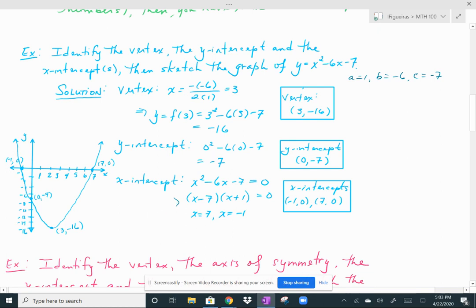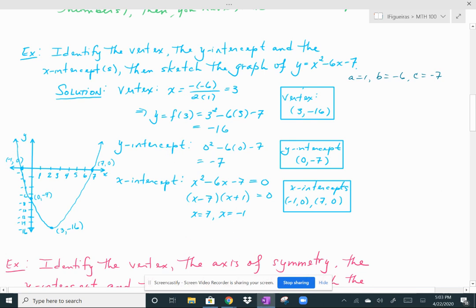So be careful, because sometimes I see students say that their point is 7, negative 1. That doesn't make sense, so that is not correct. Your points are negative 1, 0, because remember we let y equal 0, and 7, 0. X-intercepts exist on the x-axis, so the y value must be 0.